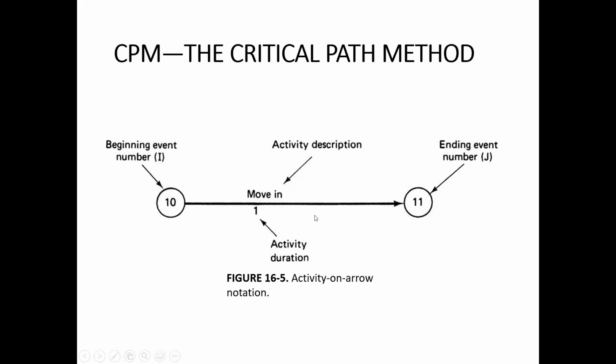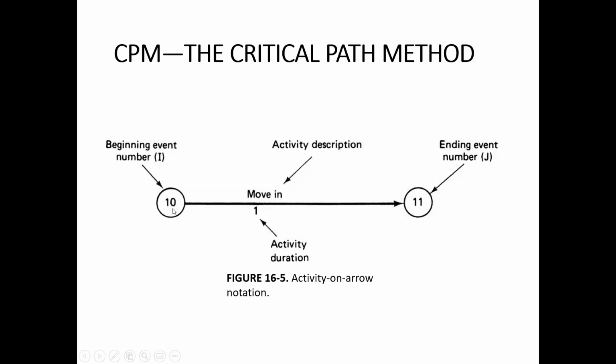Yes. In this figure, you can see an arrow. This arrow is labeled with an activity description, called the move-in activity, meaning moving in to a certain part. So this is an activity.